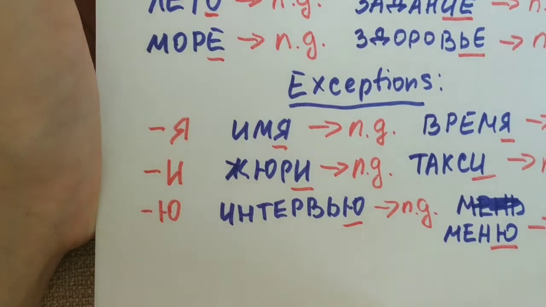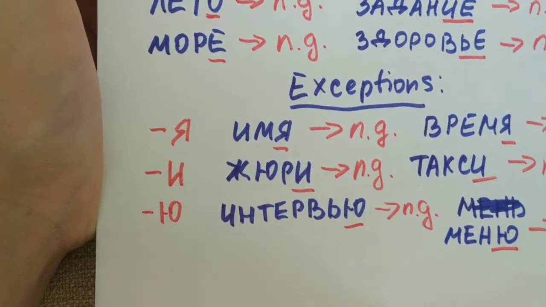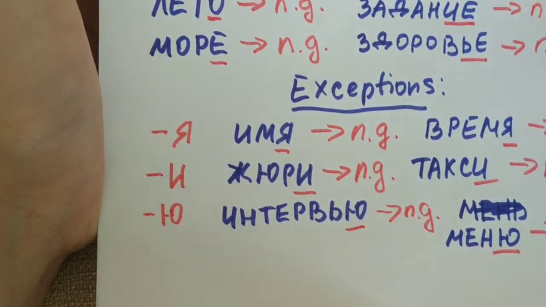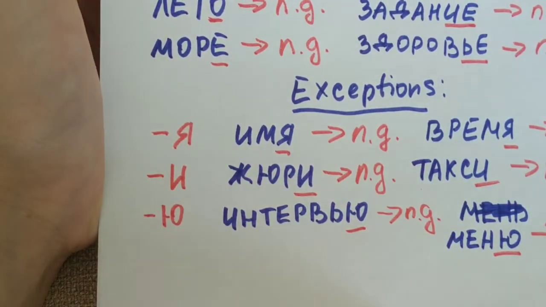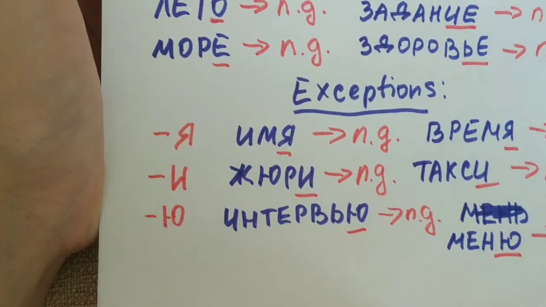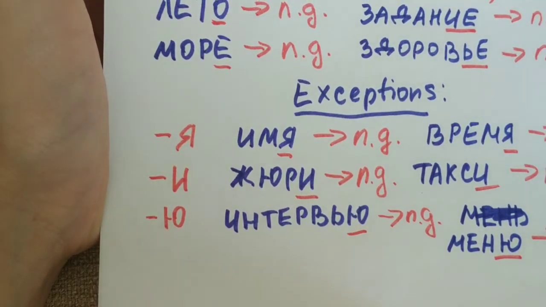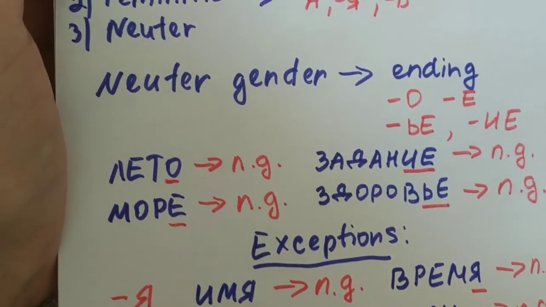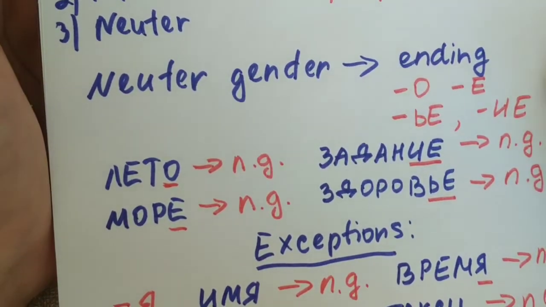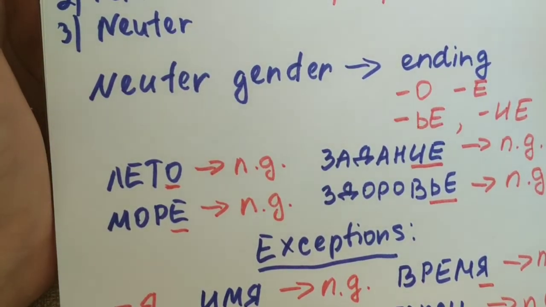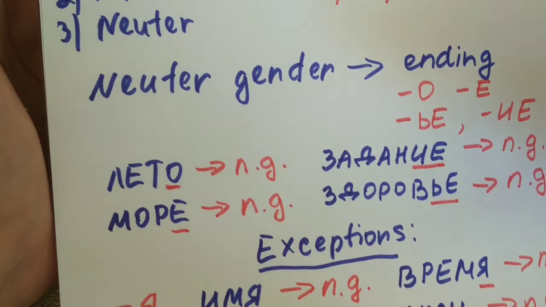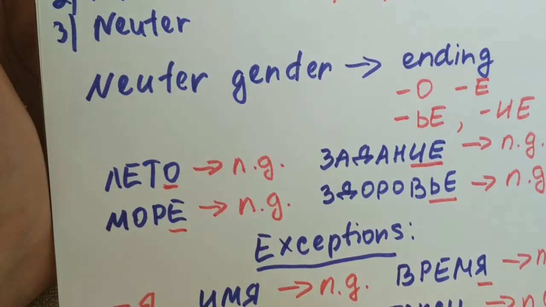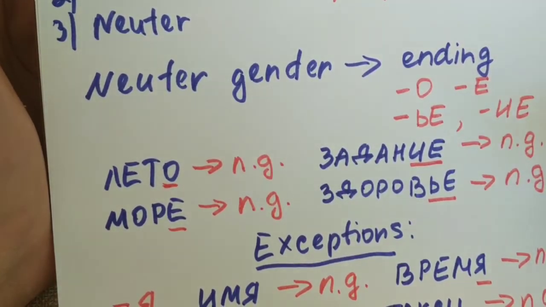And my advice to you, whenever you see a new noun, a new word for you, with an ending which is one of these vowels, ya or ye, please, whenever you have doubts, consult with the dictionary, see which gender they belong to, so you don't make any mistakes, because the gender of a noun is super important to build a grammatically correct sentence, because everything goes from the noun.